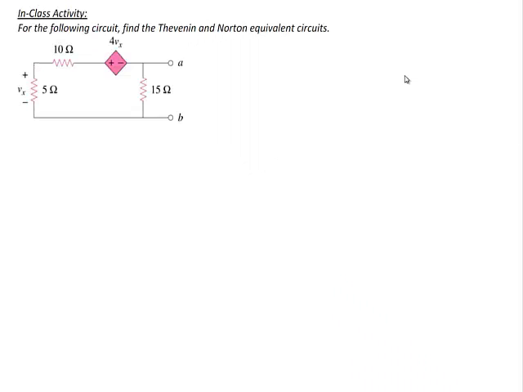Okay, let's find the Thevenin and Norton equivalent of a circuit that includes dependent sources. Let's try this one. If I want to find the open circuit voltage, which is the voltage between terminals A and B, I can find the voltage across the 15 ohm resistor. So I'm going to draw a clockwise current, and we'll write the KVL equation for that loop.